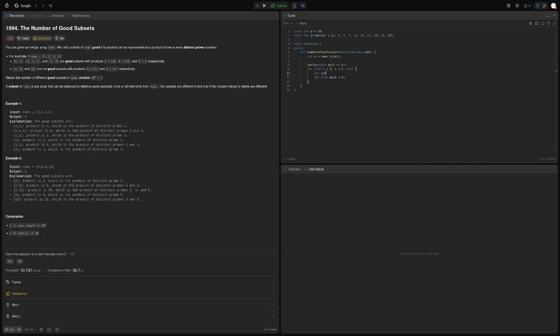So int current mask for int prime number for int primes and now let's save number, so nums i.